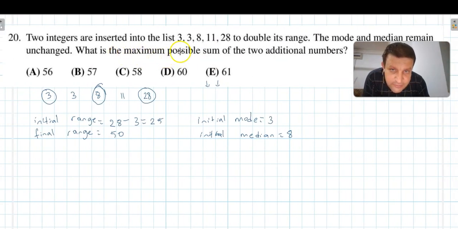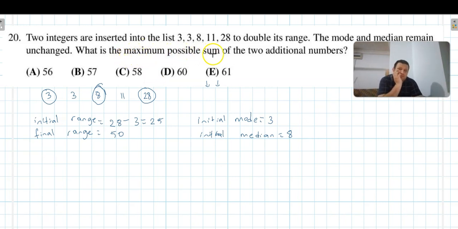What is the maximum possible sum of the two additional numbers? Since we are asking about the maximum possible sum, I need to make one of the numbers as big as possible. Since the final range is going to be 50, can one of the numbers be 3?